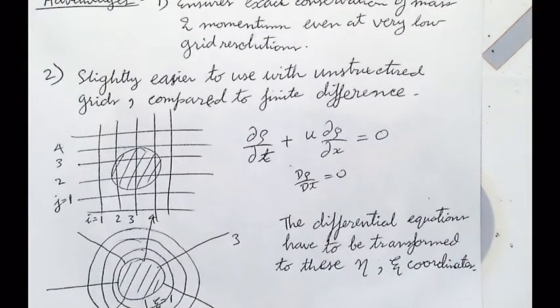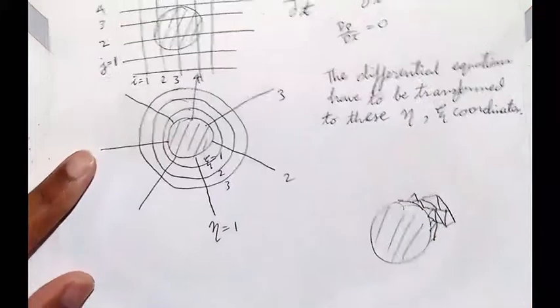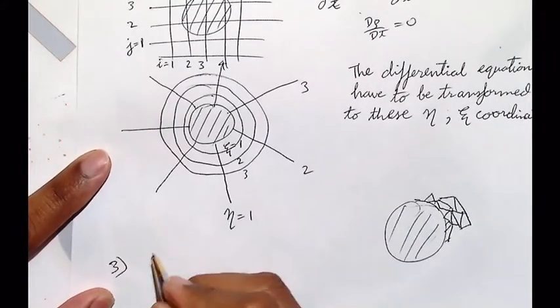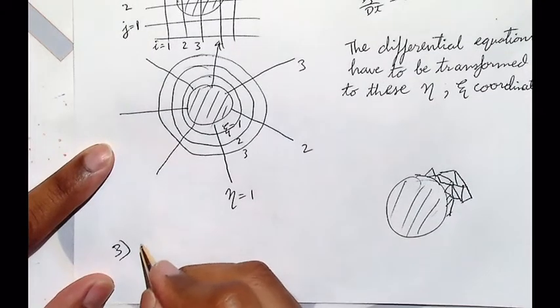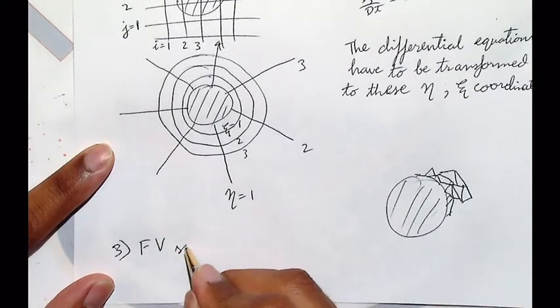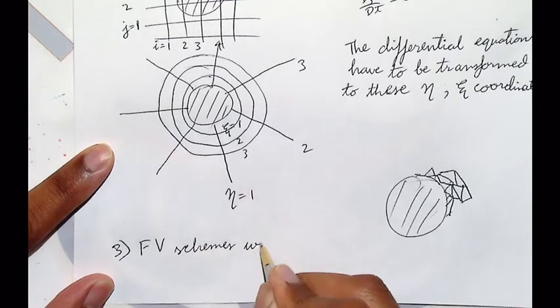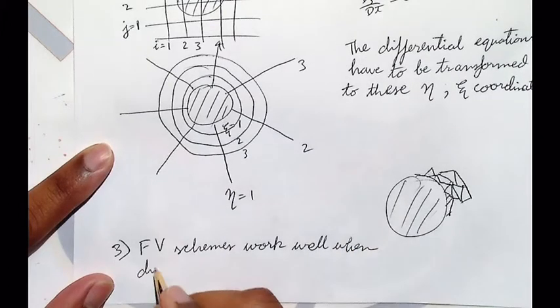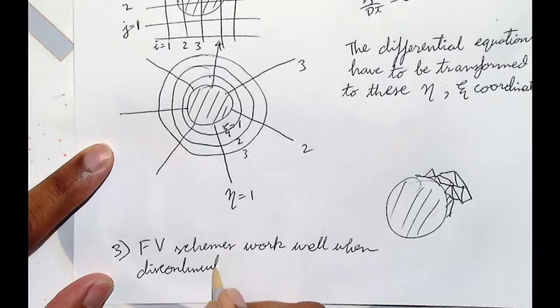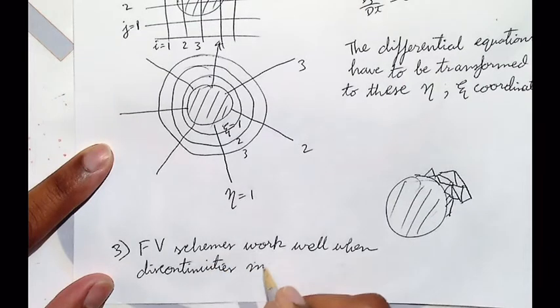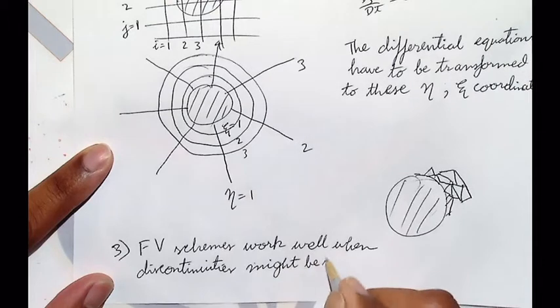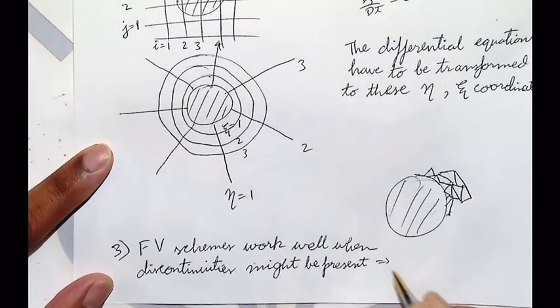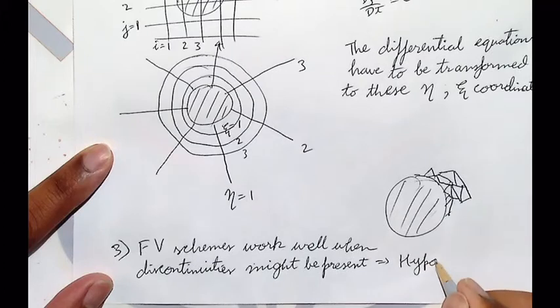Okay, let's see, did I miss something else? Okay, and right, we also talked about how finite volume schemes work well when discontinuities might be present. And this happens mostly in hyperbolic systems, hyperbolic PDEs.